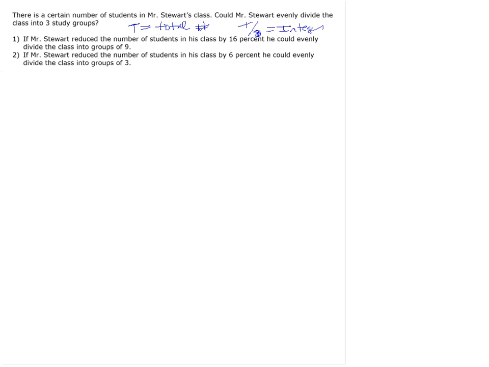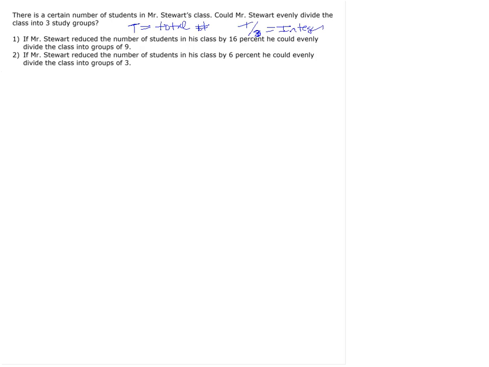Okay, so let's look at statement 1. So if the teacher reduced the number of students in his class by 16%, he can evenly divide the class into groups of 9. Okay, so let's decode that into an equation.